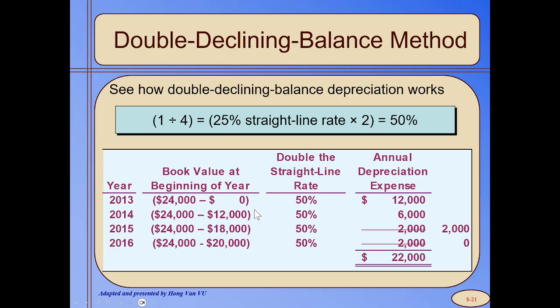Under double declining balance depreciation, we must adjust the last year to make depreciation equal 20,000, which gives an asset cost of 24,000 and accumulated depreciation of 20,000. The book value is 4,000, which we know is correct. The schedule on your screen shows the necessary adjustment to the depreciation expense.